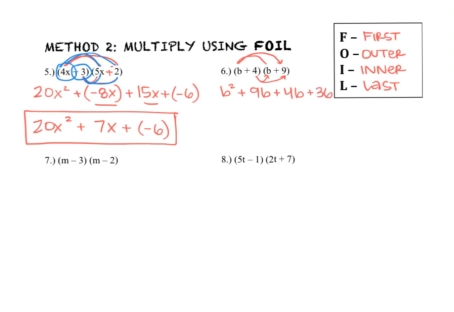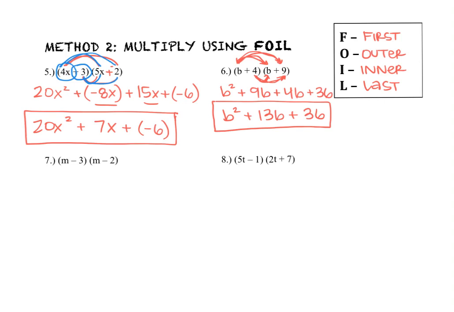In other words, I'm taking this first term b and distributing it to both parts of the second one. Then I'm taking the 4 and distributing it to both parts of the second one. Again, my last step is to combine like terms. So I've got b squared, or you could put 1b squared, plus 13b plus 36.